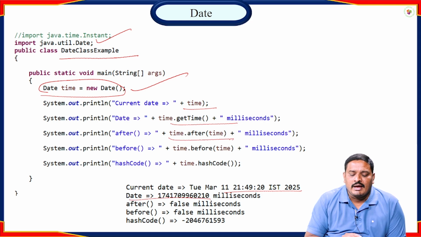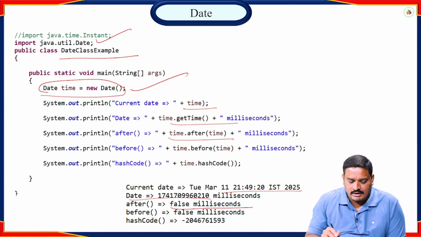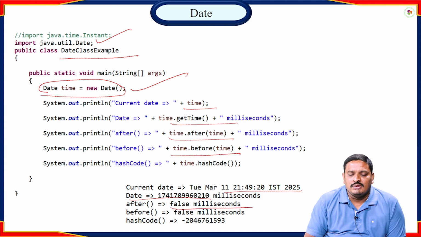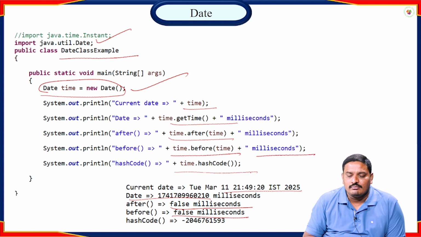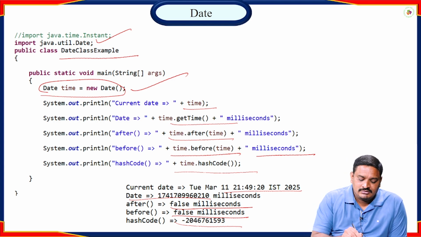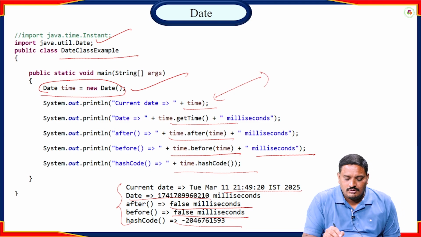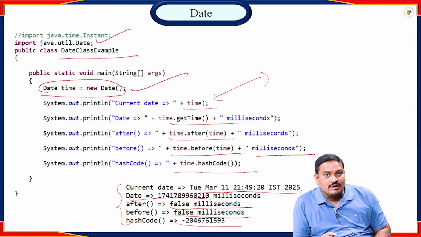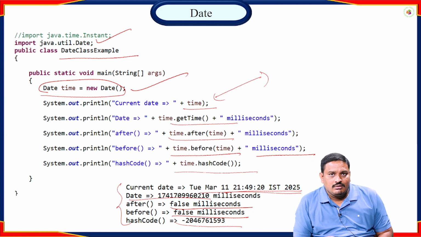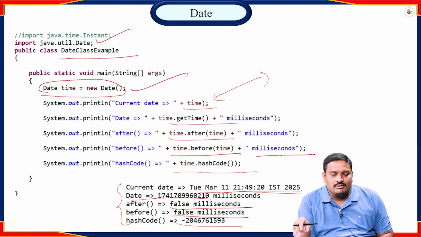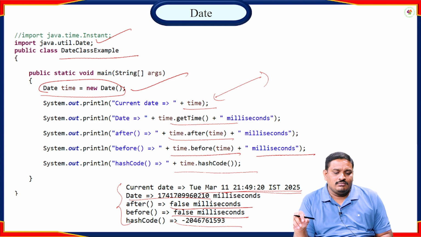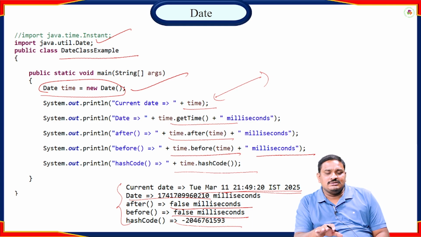I am using time.after and time.before, and the time will be displayed in milliseconds. Here is the hashCode of the time. Now all these outputs are based on these methods. By using these methods, you can take the particular seconds, hours, and milliseconds in your present computer time. This is the Date class.